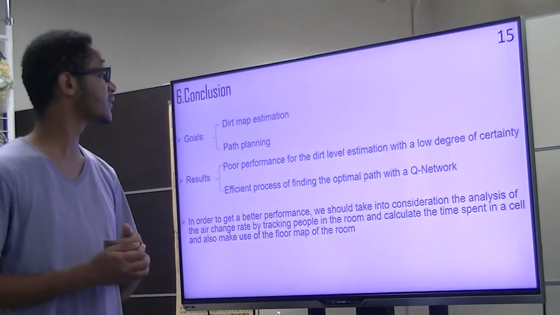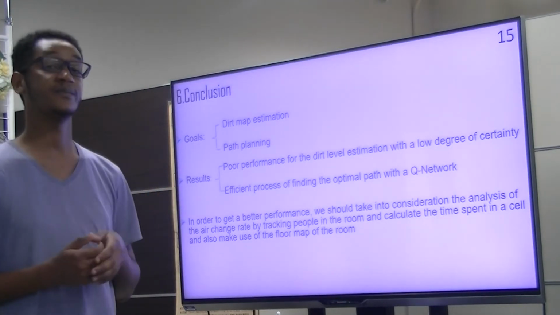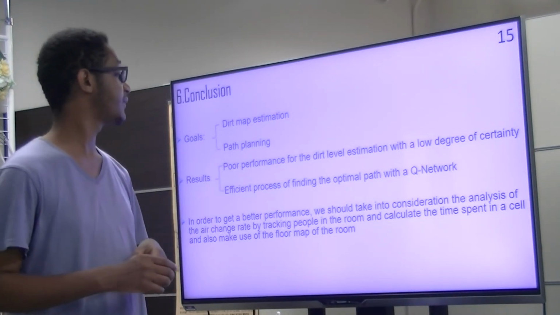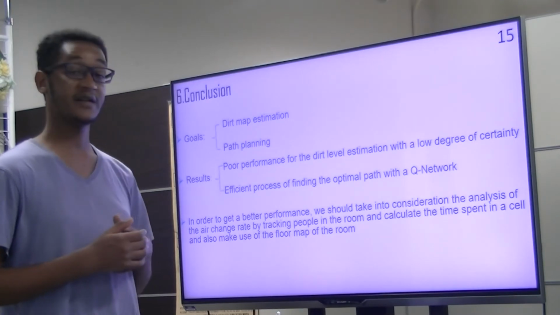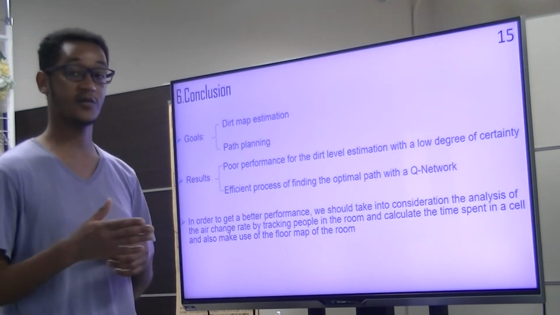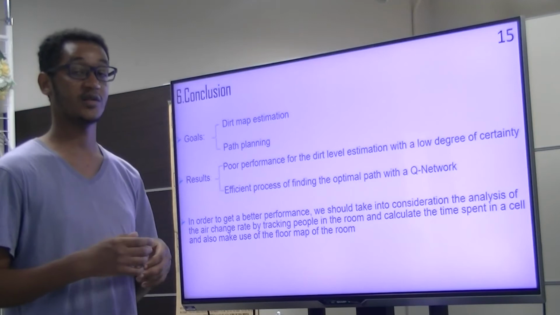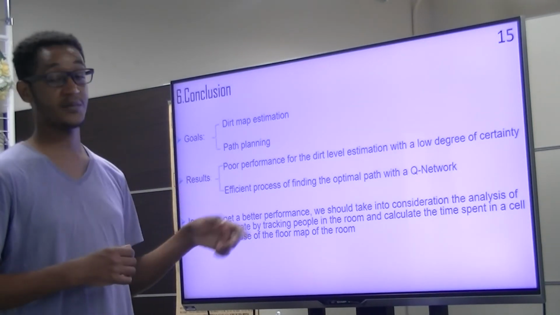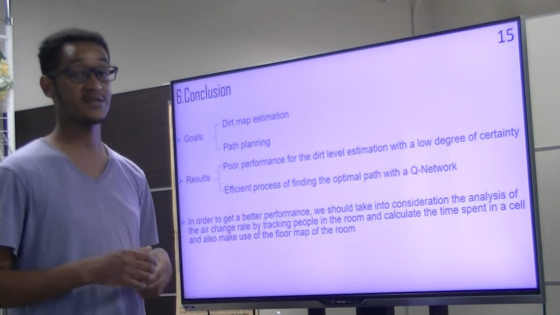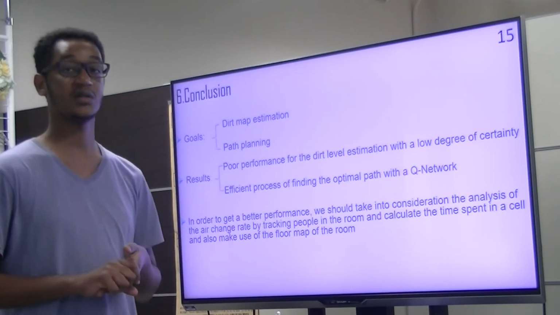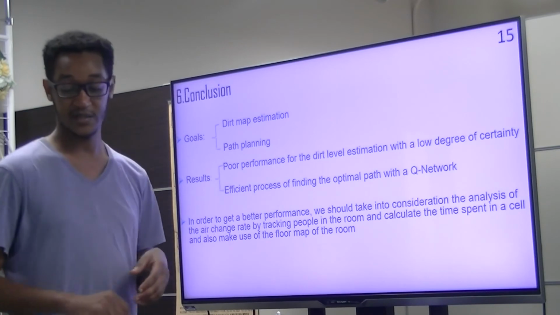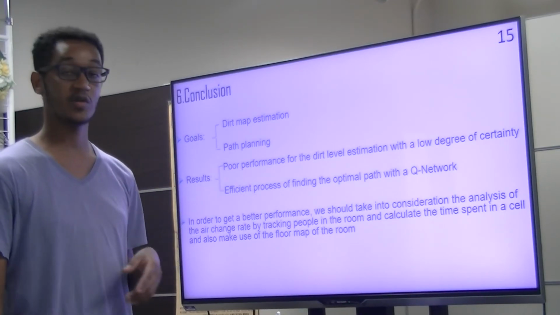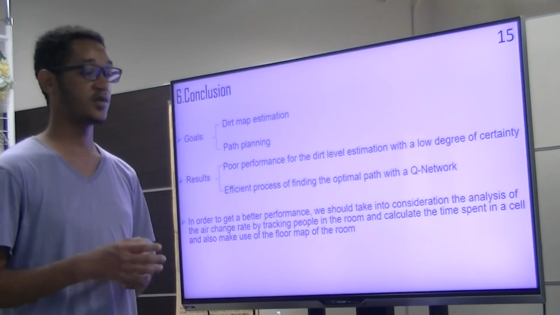One, the dirt map estimation, to estimate how the dirt is spread in the room, and two, path planning, the search for a path for the robot to follow in order to clean the room very quickly. As a result, we get a very good performance concerning the dirt level estimation, and with a DQ network, we could see that it is a very efficient process to train the robot to follow that path.